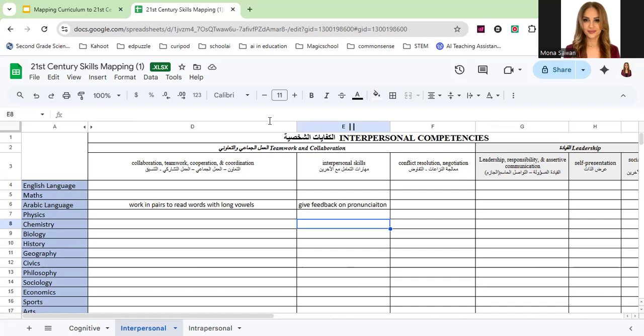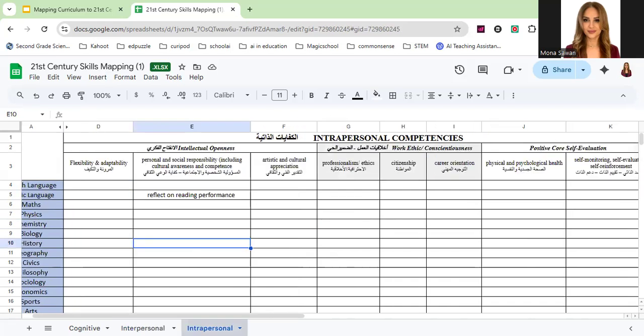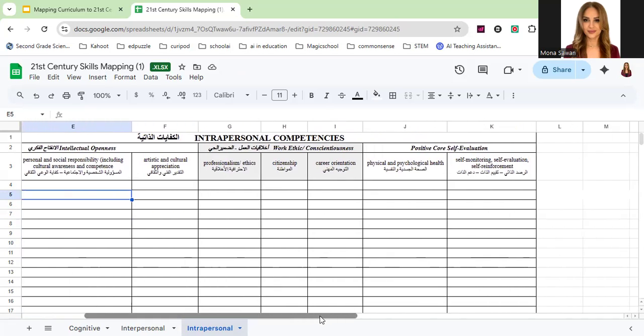So let's move to the intrapersonal competences. Intrapersonal competences. This is where learning becomes internal. Go to self-monitoring, evaluation, self-reinforcement, reflect on reading, go to another one, which is personal and social responsibility.